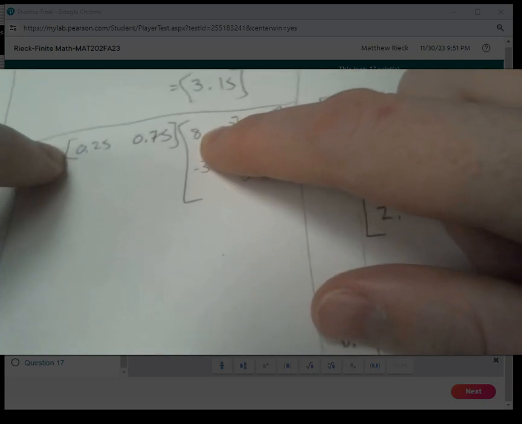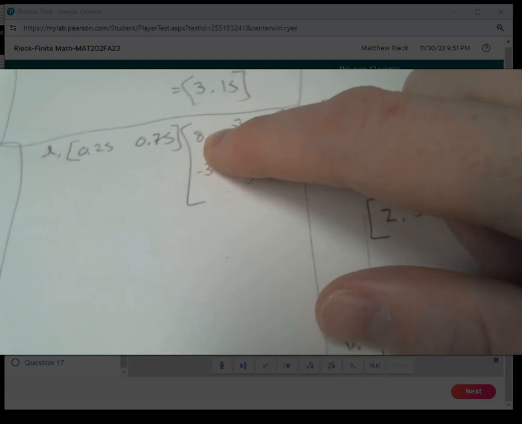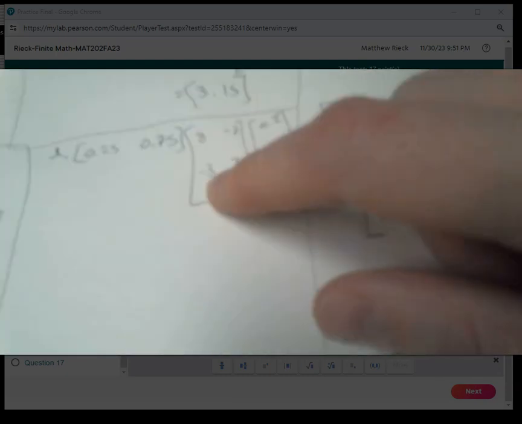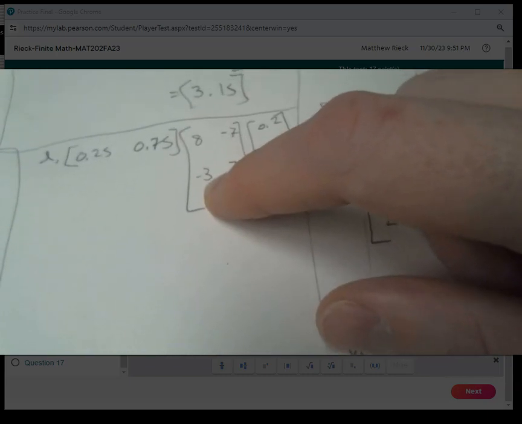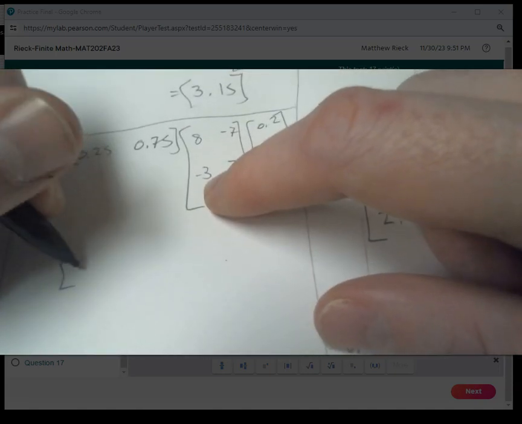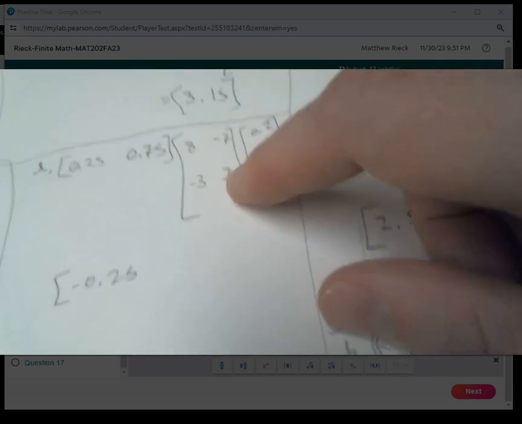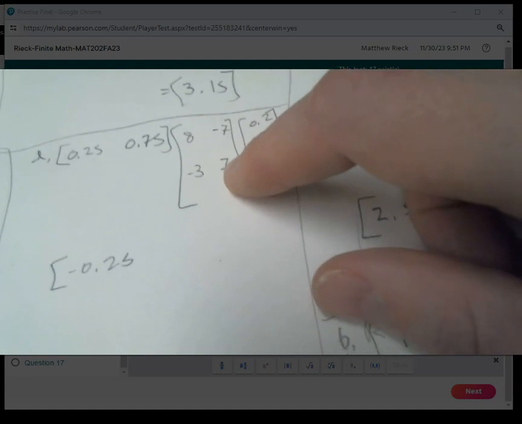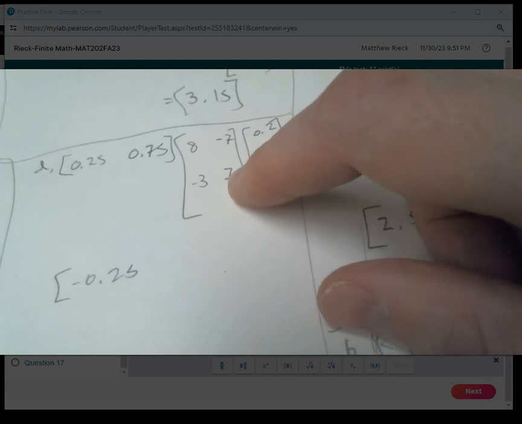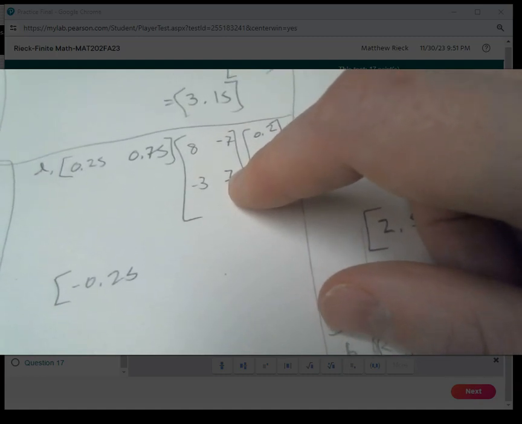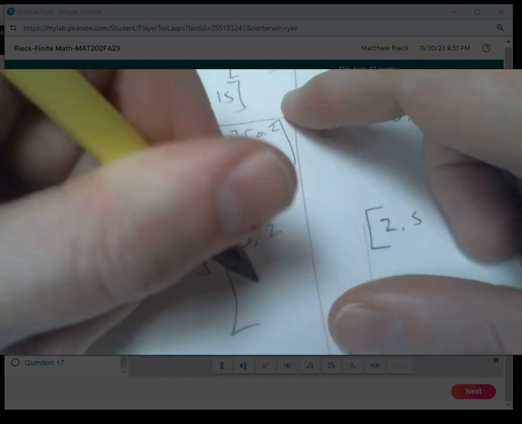All right, so the last one here, we have 0.25 times 8 plus 0.75 times -3, which is -0.25. And then we have 0.25 times -7 plus 0.75 times +7. It's 3.5. And then we have 0.2, 0.8.